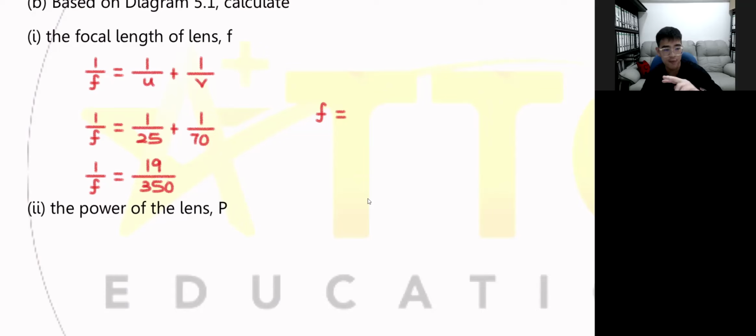Inverse means you put it upside down. 1 over f upside down becomes f divided by 1, and you also have to switch the 19 over 350 upside down. So the value becomes 350 divided by 19, which equals 18.42 cm. That means the focal point of the lens is 18.42 cm away from the lens.